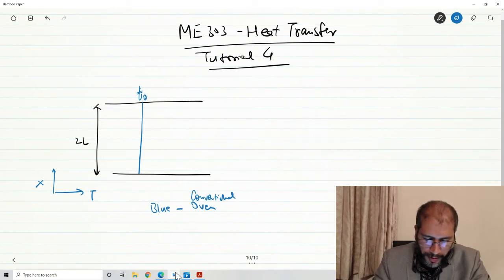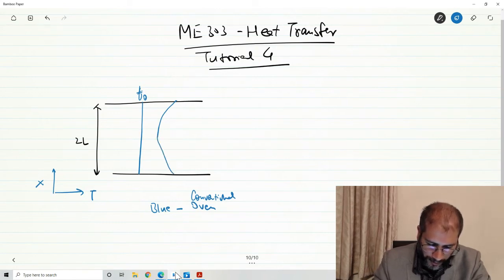So what we see is the temperature is higher here, but then it will be lower inside, and since the whole thing is symmetric about the center plane, we'll have the same thing going like this. So the temperature profile will be something like this.